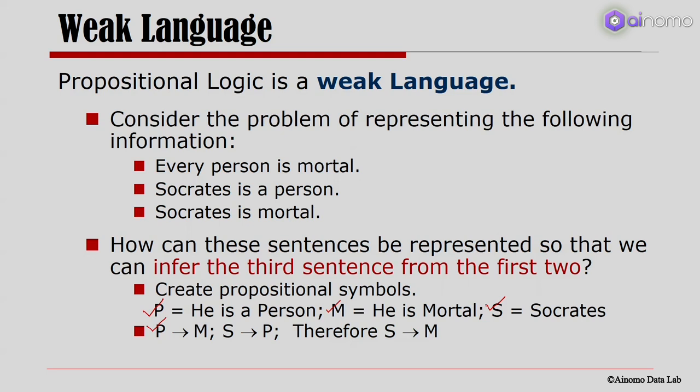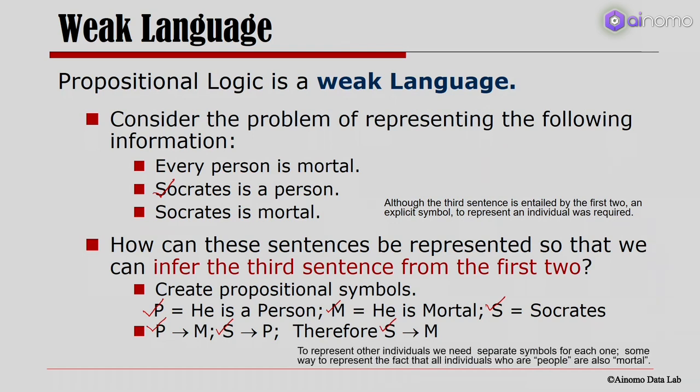The next one, Socrates is a person, could be written as if S then P, and from the first two I could derive S is mortal. Now, although the third sentence is entailed by the first two, an explicit symbol to represent the individual Socrates was required.